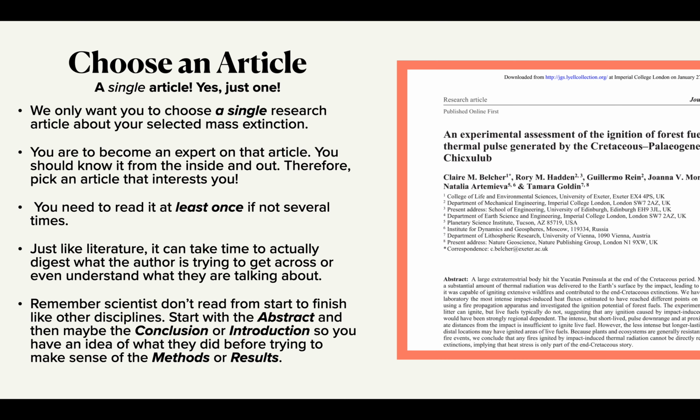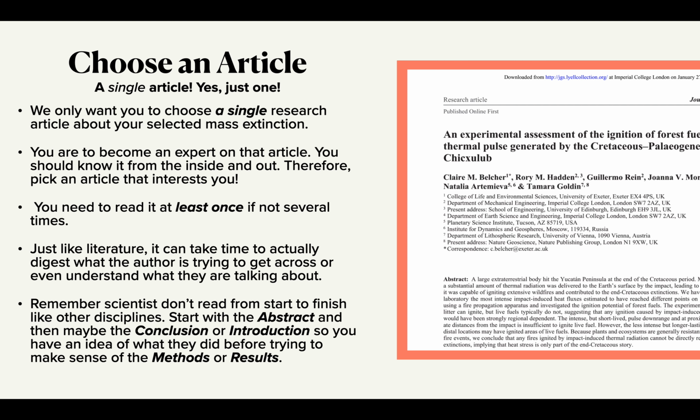And then you're going to choose one of the articles. Be sure that you choose an article that interests you, because we're only having you choose a single article because we want you to be an expert on that article. A lot of students get hung up on citing 20 different articles or research studies and not knowing as much about each of them, just a surface level understanding.